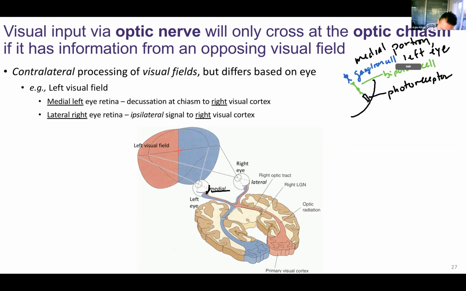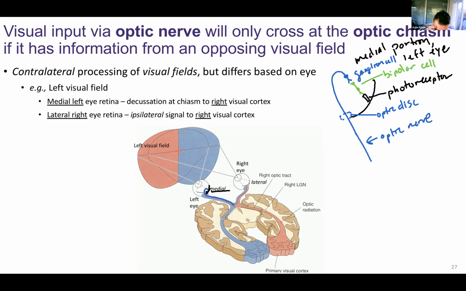This ganglion cell exits out the optic disc. Its axon forms the optic nerve. At this point in the pathway, we are here.